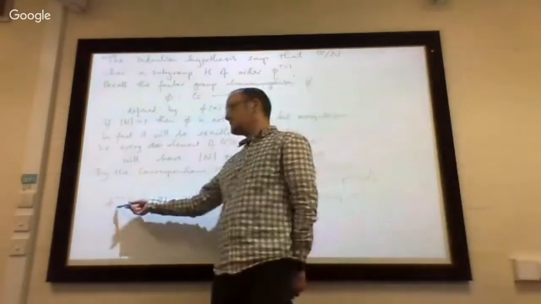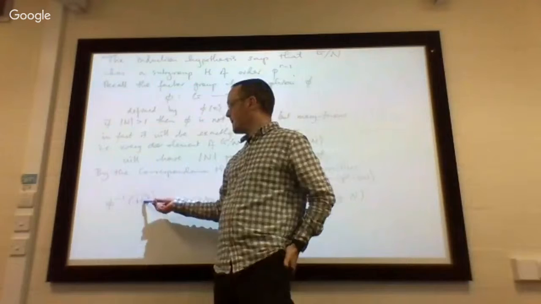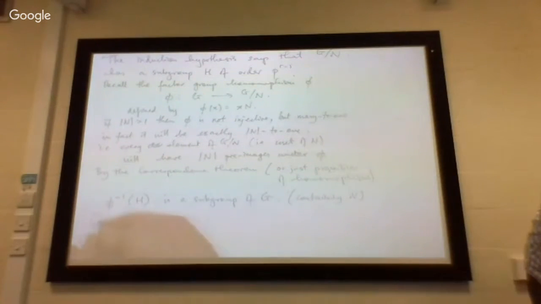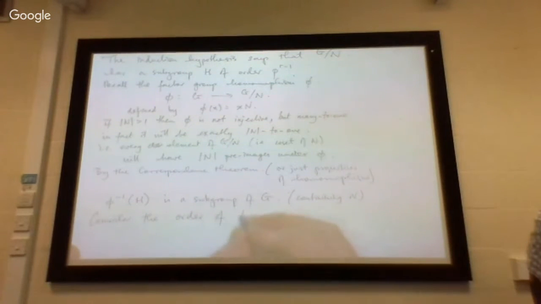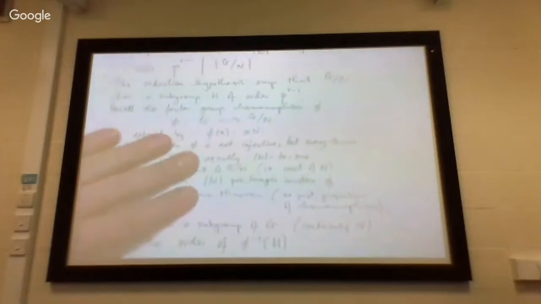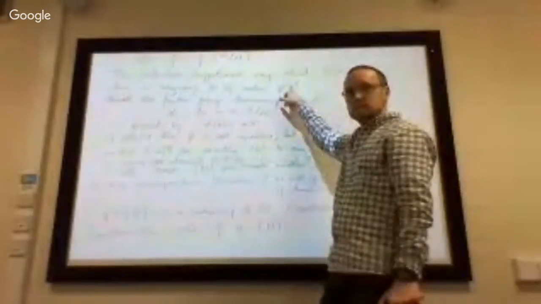Question is, what size does this have? So consider the order, the size of phi inverse of H. How big is H? H is a subgroup of G/N, which is of size p to the r minus 1.